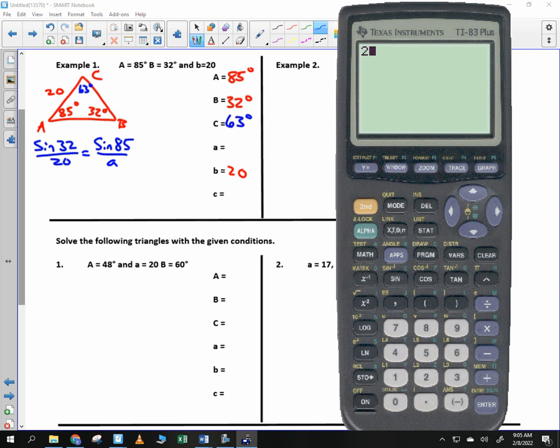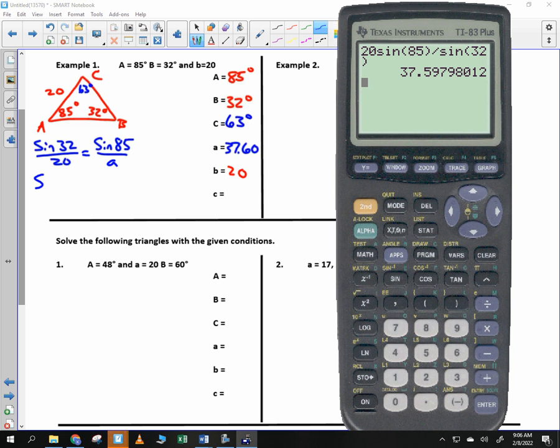So 20 sine of 85, and I'll be dividing by the sine of 32. 37.60. If that's not an operation you can do yet, then go ahead and convert them to decimals and go from there. But this is the minimal work that I want to see when you're doing your test, so I know which ones you're using. I got to find C.